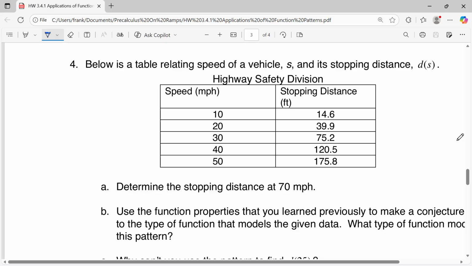The difference between 14.6 and 35.9 is 25.3. The difference between 39 and 75 is not 25.3. This isn't linear. This one is 35.3.